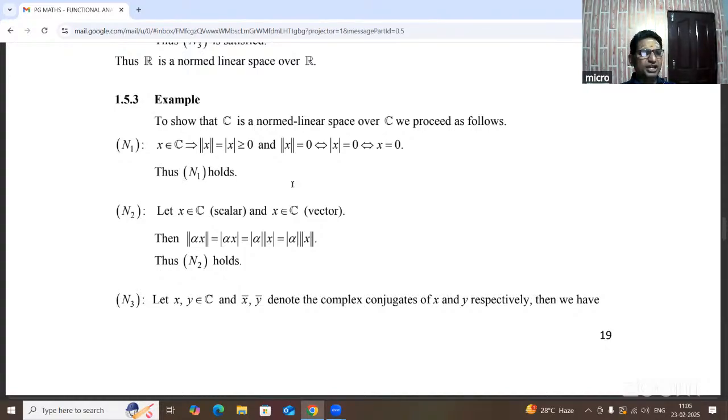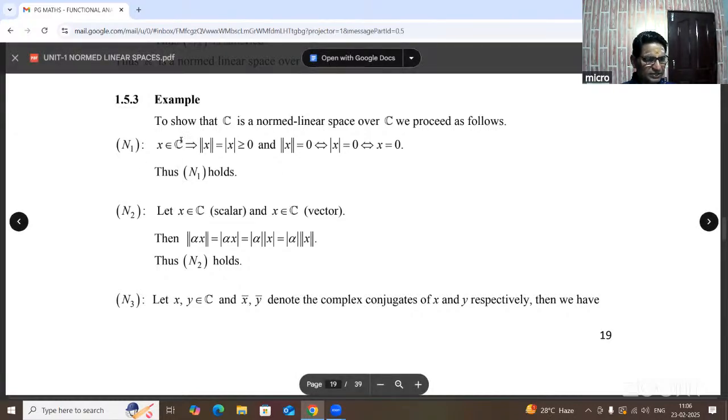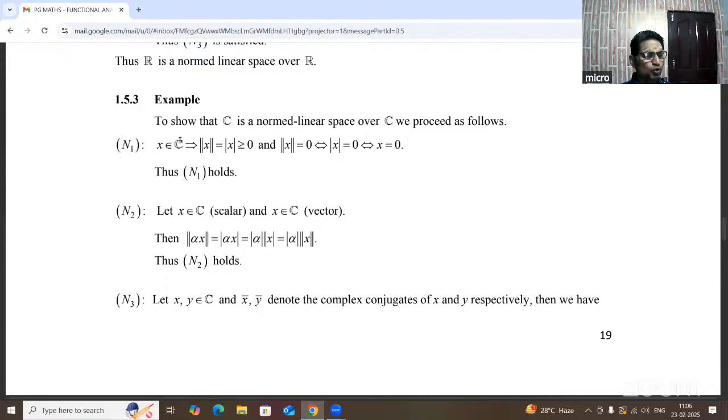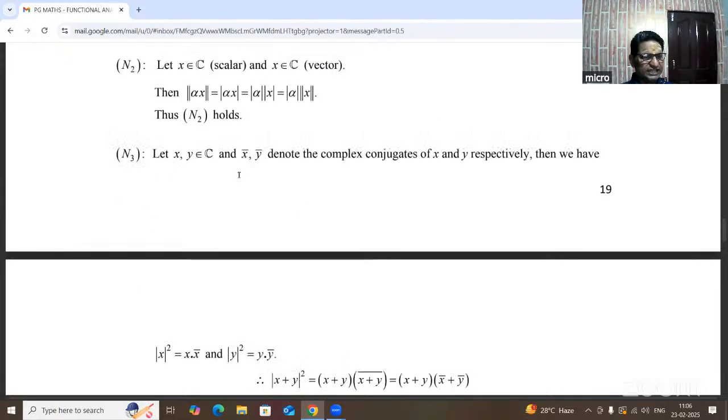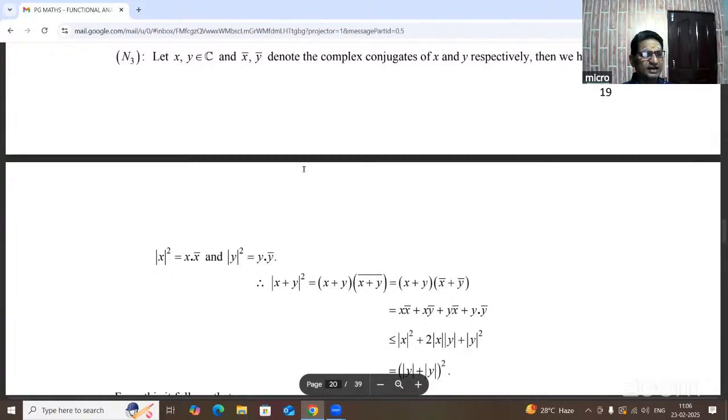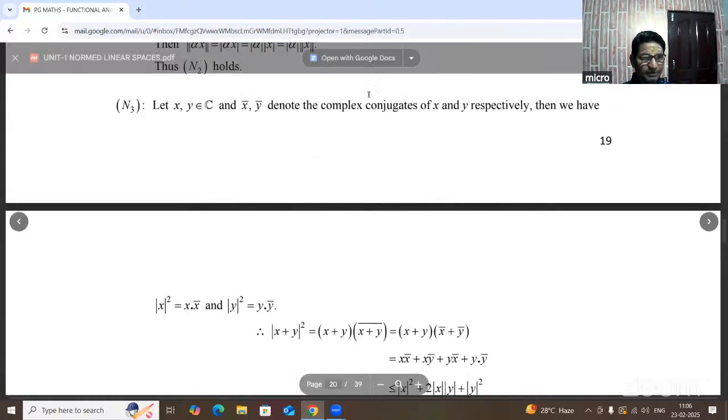In the examination, prove that R and C are normed linear spaces over C. So we must present 1.5.2 and 1.5.3. Here, replacing R by C, it is easy to prove the N1, N2, N3 conditions are satisfied. That is called a normed linear space.